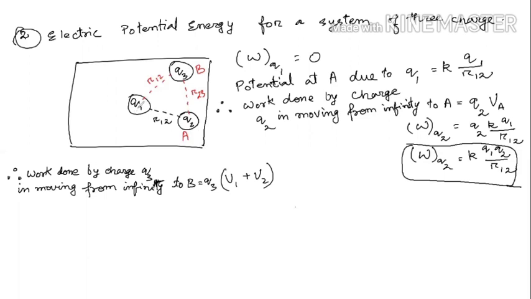V1 is the potential due to Q1 at B, and V2 is the potential due to Q2 at B. So you replace the V1 and V2 values: K Q1 by R13 plus K Q2 by R23, multiplied by Q3.